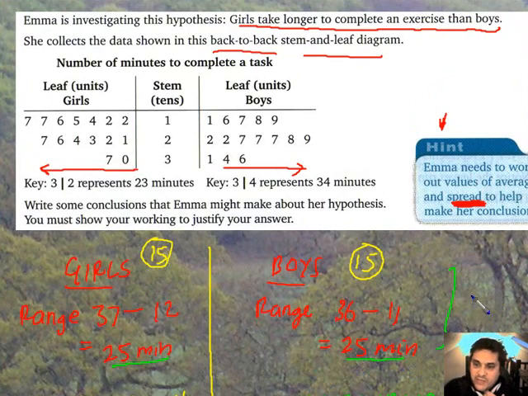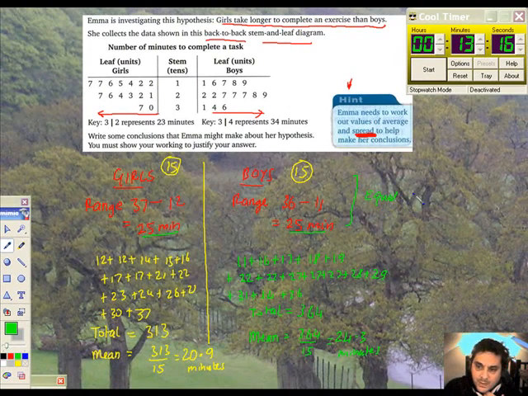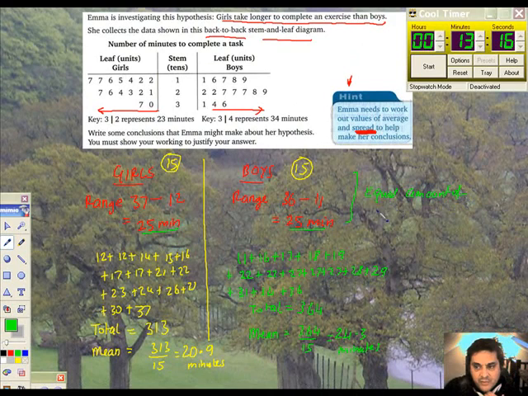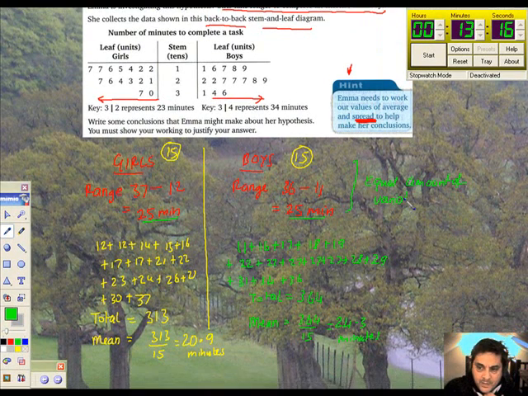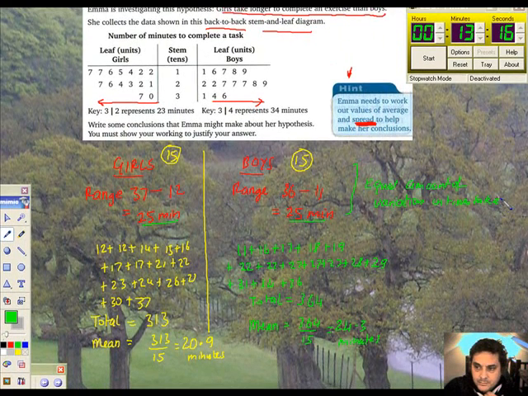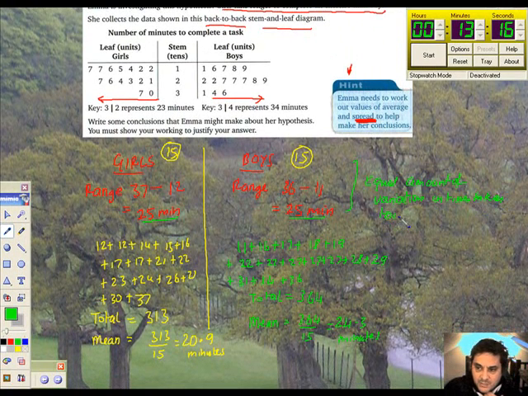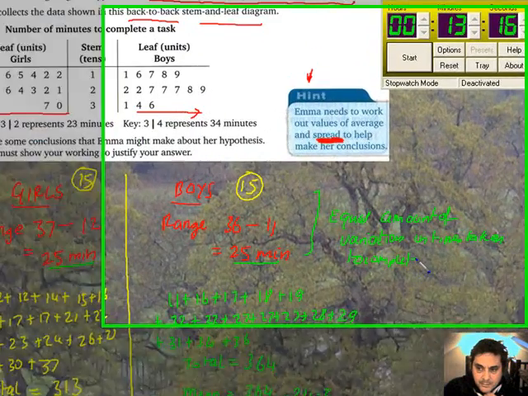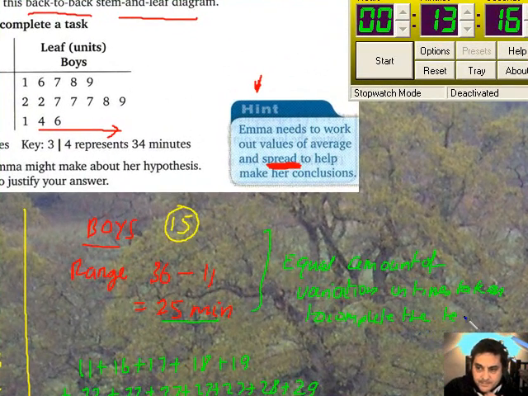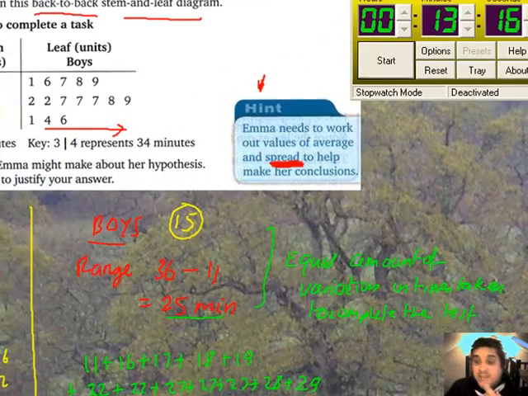So concerning range, we could say: equal amount of variation in times taken to complete the test. So that's the first bit. A comment about the mean would be something like, on average, boys took longer to complete the test than girls.